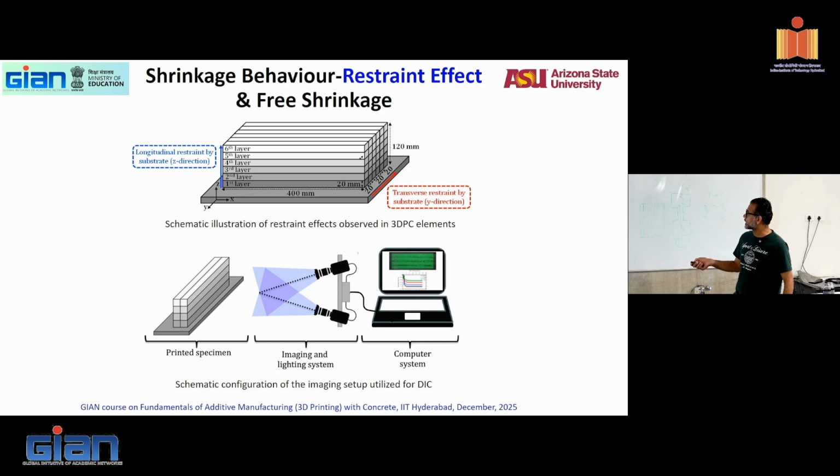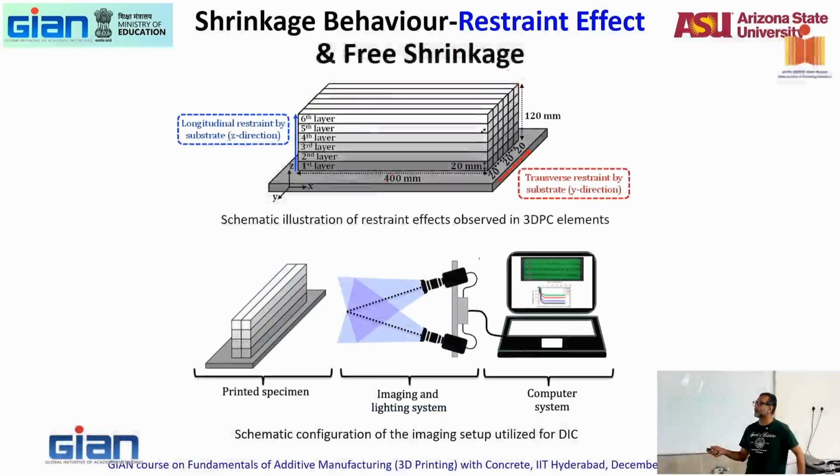This is some of Aniket's very recent work, where we have looked at the effect of restraint on shrinkage, not just along the layer build-up direction, but also in the transverse direction. If you build up multiple layers in different directions, we've used digital image correlation to find out what the shrinkage strains are.